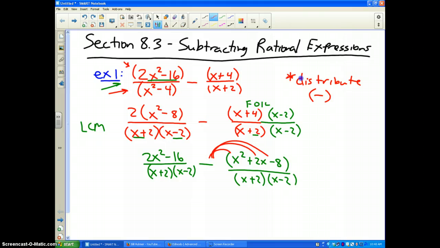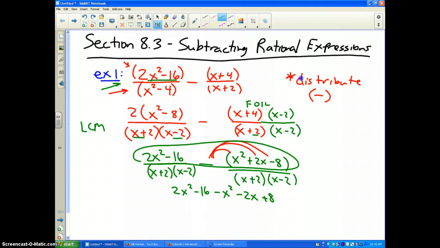So if I put this whole thing together now, I will have 2x squared minus 16 minus x squared minus 2x plus 8 if I put the whole numerators together after I distribute. And then that's going to be divided by x plus 2 times x minus 2.